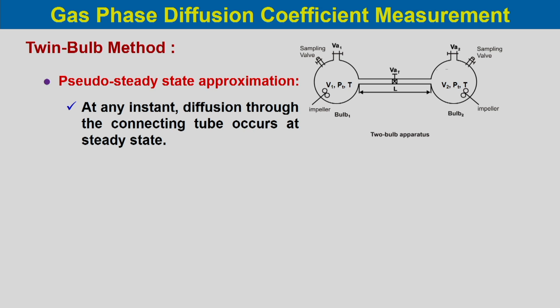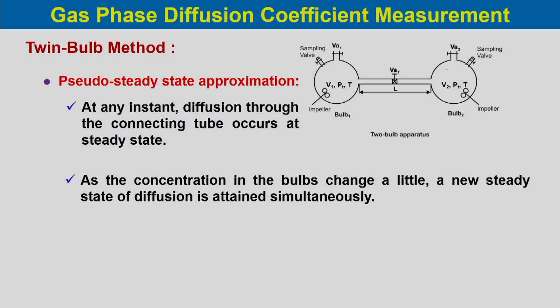If we look into the overall process and the time of diffusion, the concentration will slowly change as time passes, but at any instant the diffusion through the connecting tube should occur at steady state. That means, at any instant the concentration will be uniform in each bulb.